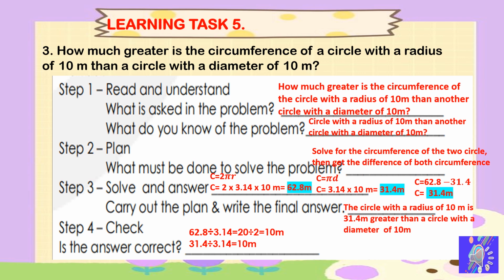Then divide by 2. So that means the answer is 10 meters. And for the second circle, the circumference is 31.4. So we divide it by 3.14, which is the value of pi. Then the answer is 10 meters.